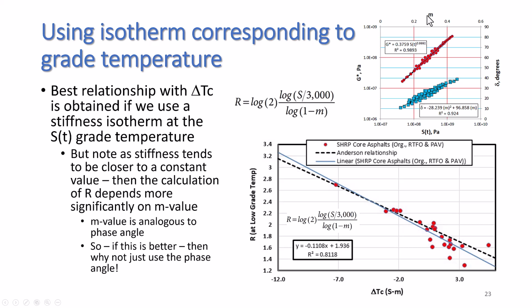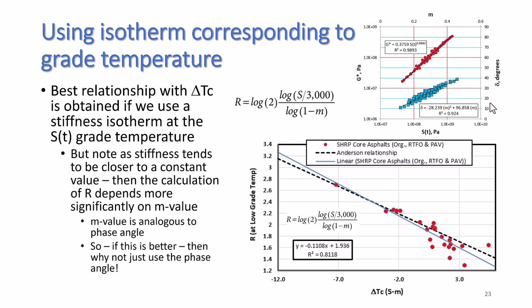But the M value is really a measure of the phase angle. So if we're saying that this isotherm corresponding to grade temperature is a preferable approach, then what we're really doing is saying as we move the R value to a phase angle, we're getting a better result. So the discussion then becomes, why not just use the phase angle?